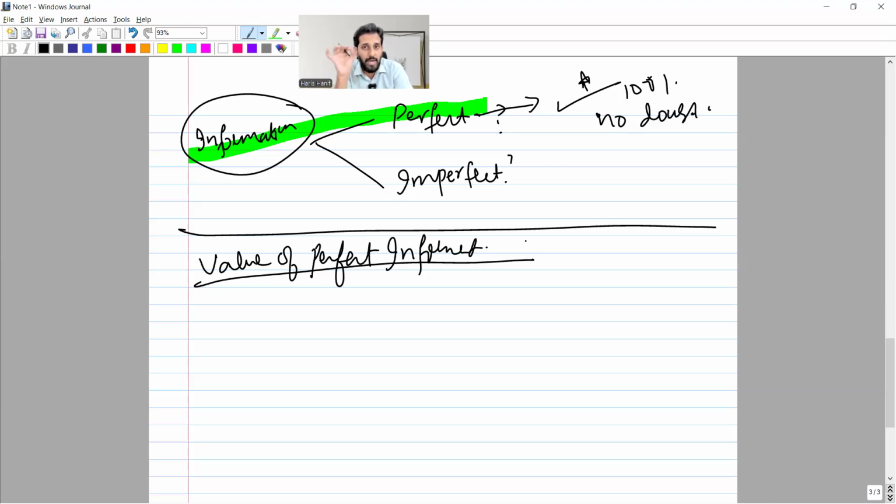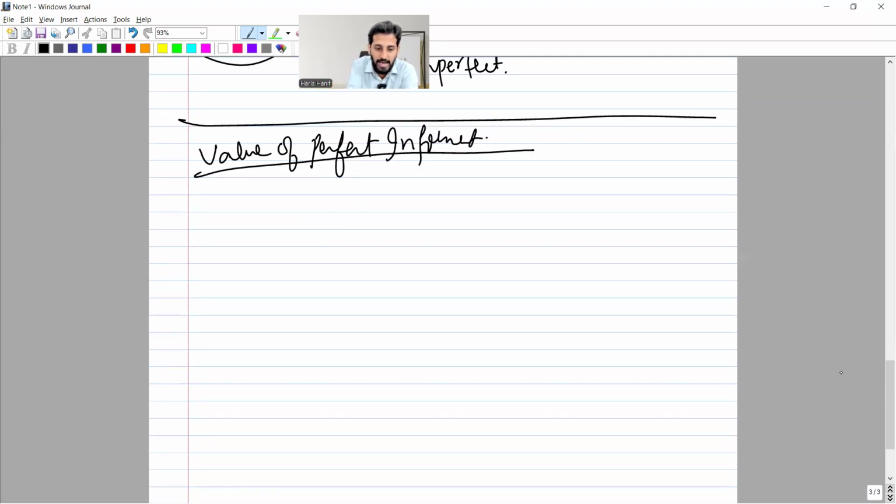It's a very important point to be recalled. You have covered all these things in your basic topical lecture, but along with this question I am explaining it once again. The simple point is that value means additional benefit.